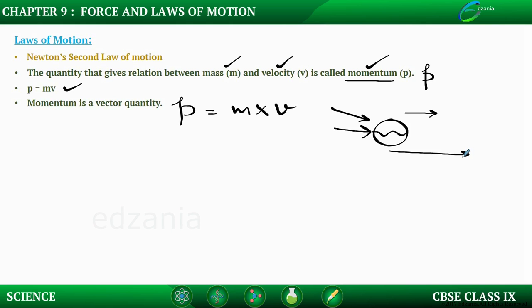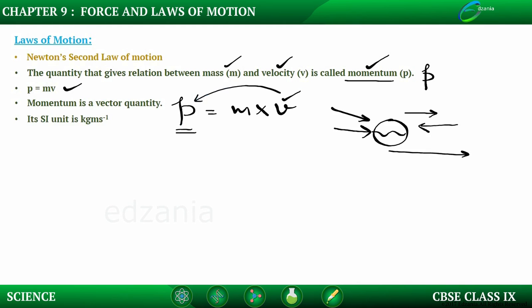Or if you apply a force opposite to the direction of its motion, then you can slow down its speed. Since the application of unbalanced force changes the velocity, it also changes the momentum, because any change in the velocity of an object will directly affect momentum. Therefore, the momentum of the object will also change.